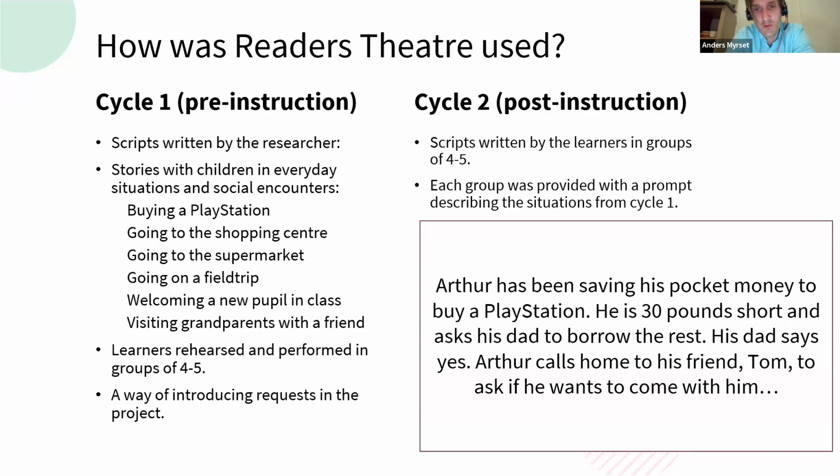And so they wouldn't write the script for the same story that they had performed previously. But this made sure that these prompts included situations where they would have to write requests. And these scripts were then used later in group interviews as part of discussion for the choices that they had made and why and so on.